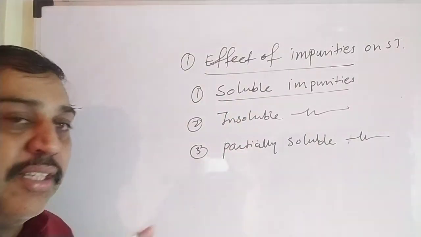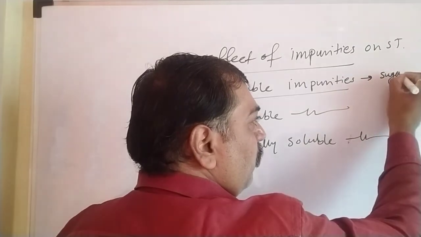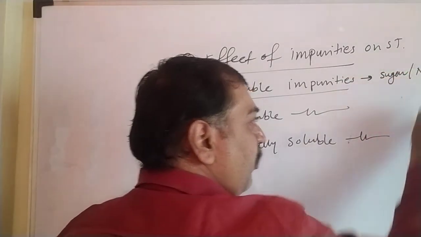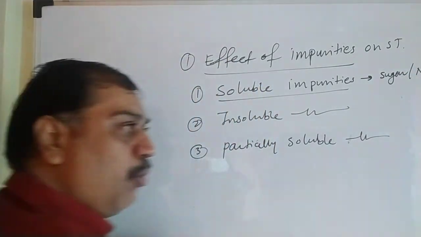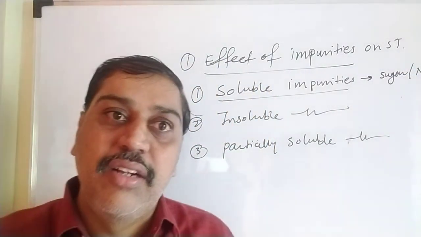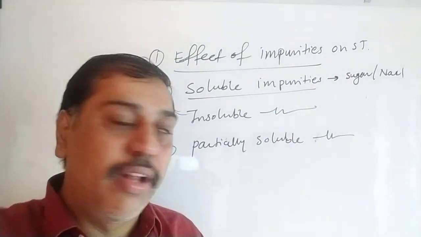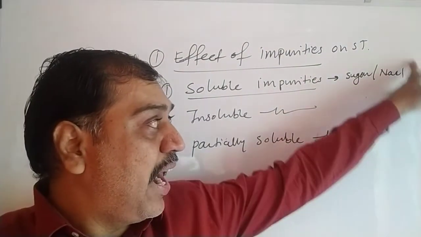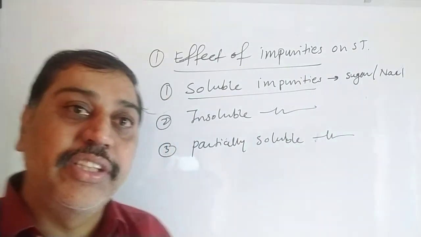Soluble impurities, just like I have told you, if we add some sugar or NaCl, sodium chloride, to the water, it is seen that they are soluble in water. Sugar is soluble as well as NaCl, salt is also soluble in water. So if we add these soluble impurities like sugar and NaCl in water, what will occur to the surface tension of water?